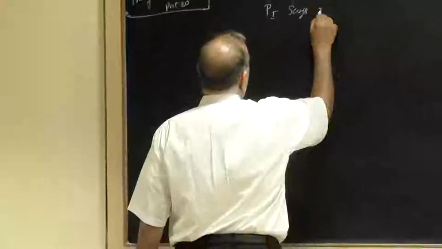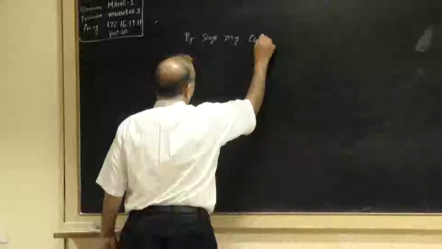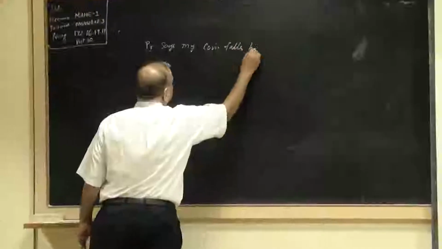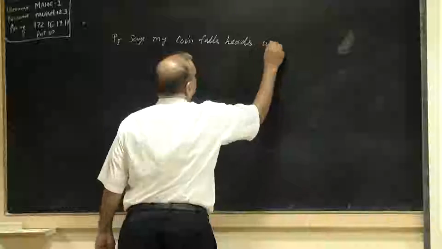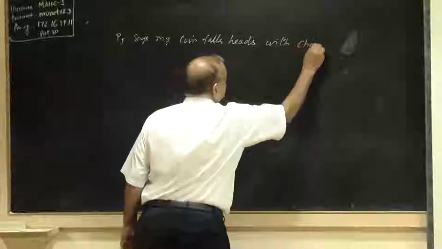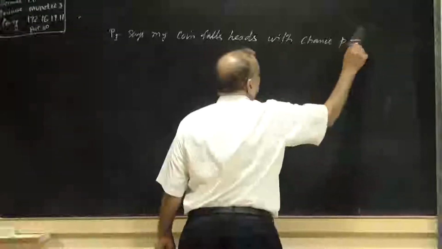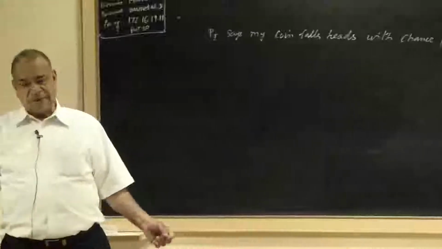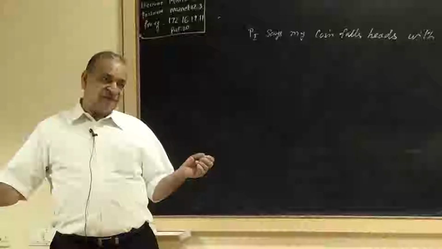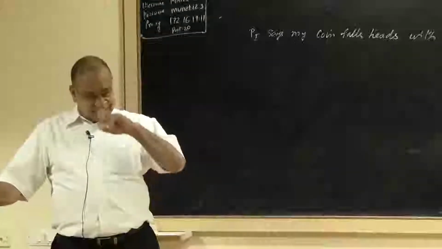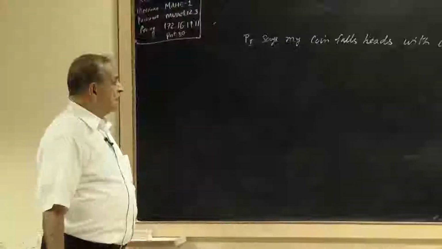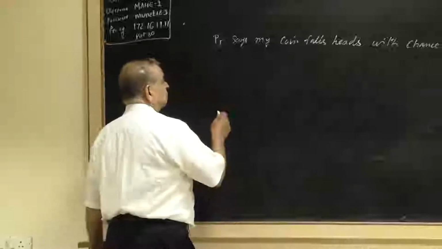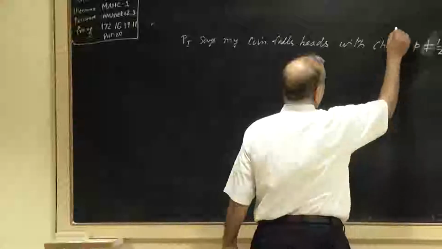Player 1 says, my coin falls heads with chance P not equal to half. All he says is it's a biased coin. It could be biased in terms of head or it could be biased in terms of tail.